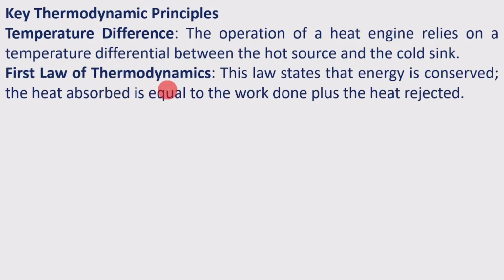First law of thermodynamics. This law states that energy is conserved. The heat absorbed is equal to the work done plus the heat rejected. If you add the work done and the heat rejected, we get the heat input, that is, the energy is conserved according to the first law of thermodynamics.